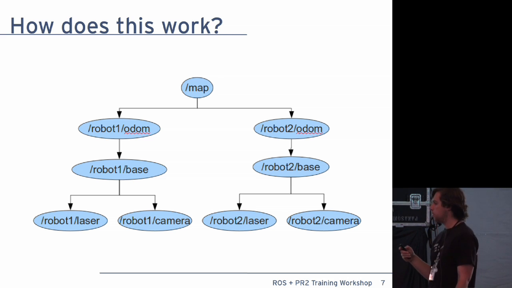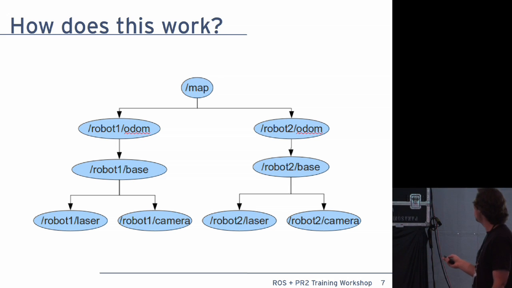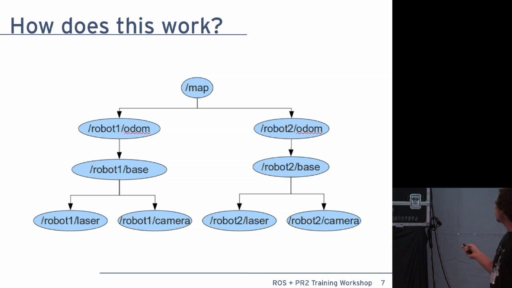And so when robot 2 receives a laser scan from robot 1, you will want to compute the transform from the laser to the base, from the base to the odometry, odometry to map. And say you're planning in odometry, you want to go actually back down to the odometric frame. In the call to lookup transform, you will simply say, look up the transform from robot 1 laser to robot 2 odometry, and it will compute the inverse transform up and then the forward transform down.